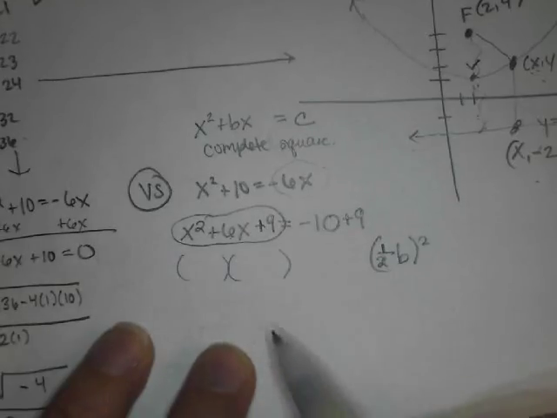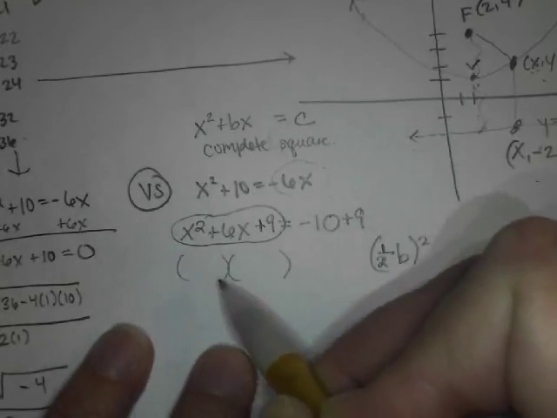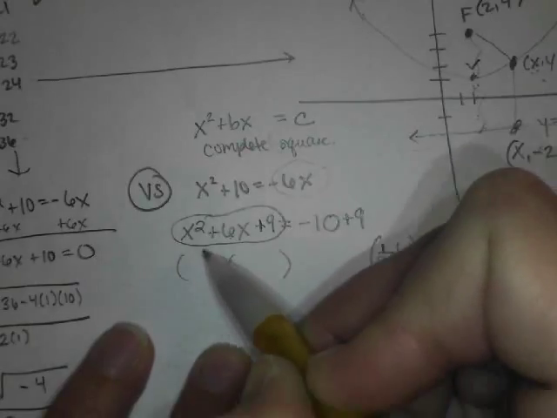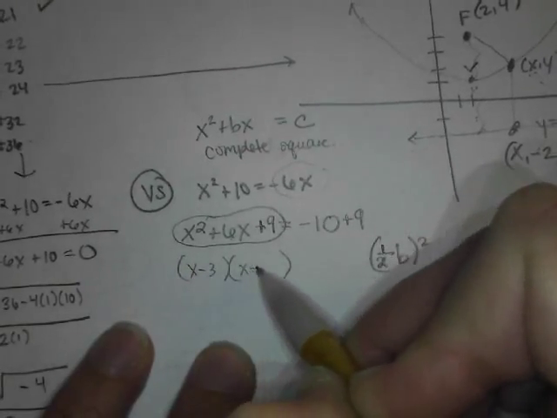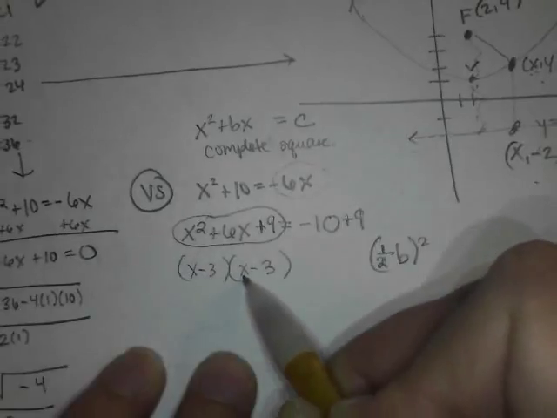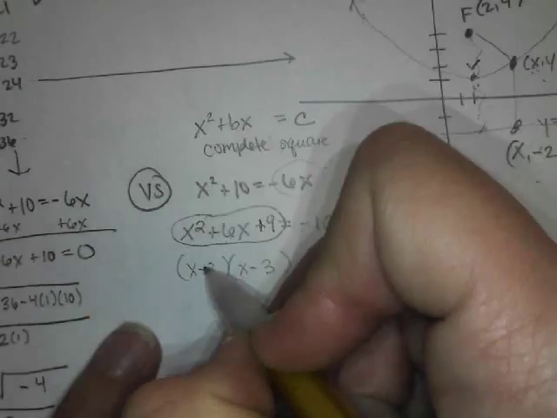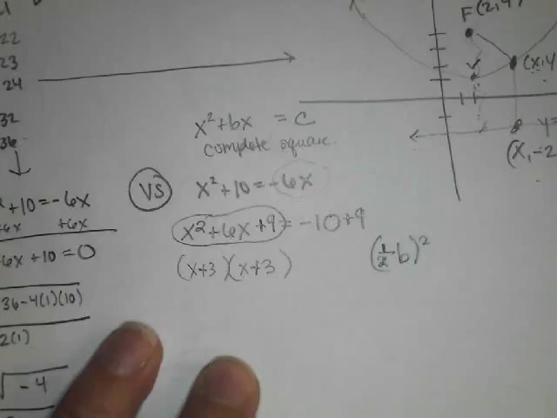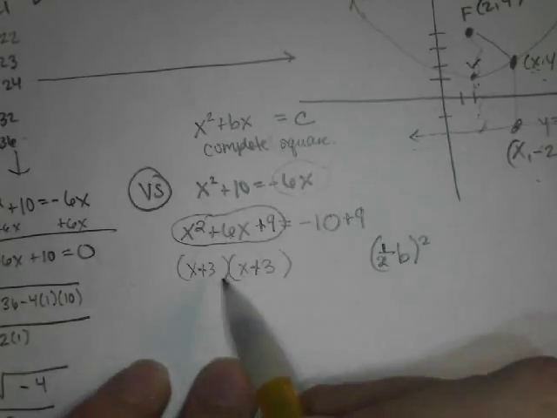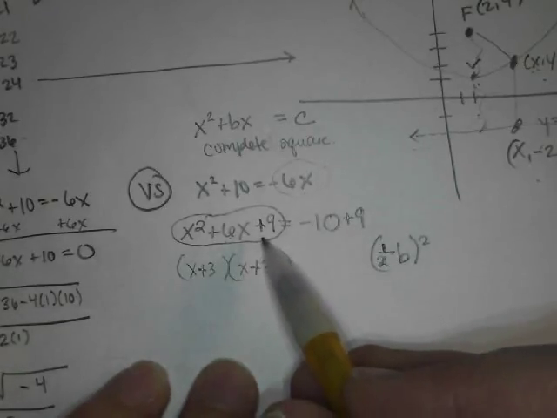I want positive 6x. Right, x plus 3 and x plus 3. And so, hence the reason why that's a perfect square trinomial, because that's the same factor being multiplied by itself. Don't they all have the same solution? Yep, and that's the point of this problem, for you to show that.